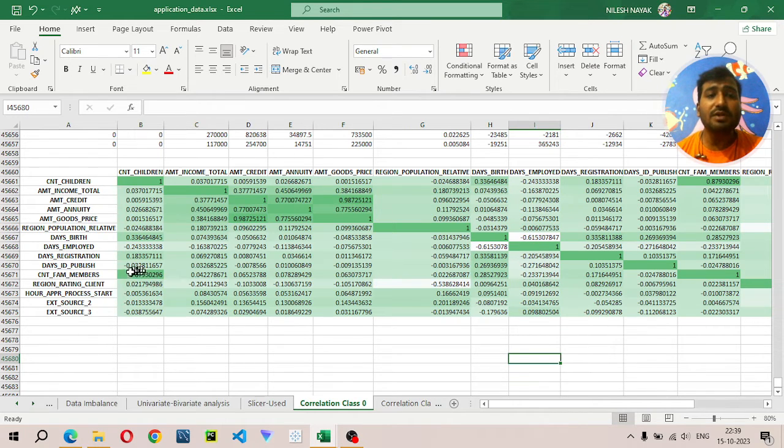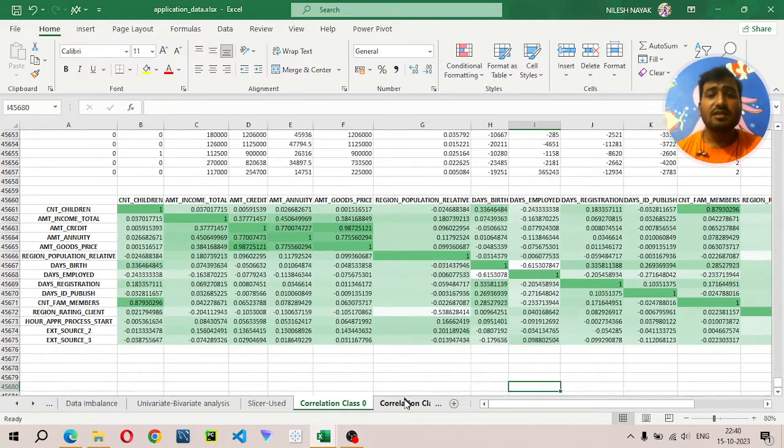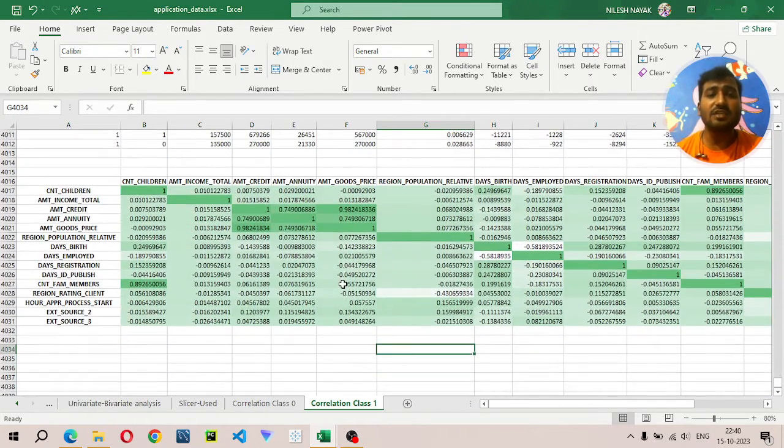Count of family members is also dependent on the children count. In both categories, class 1 and class 0, we find the same type of correlation between the four columns.